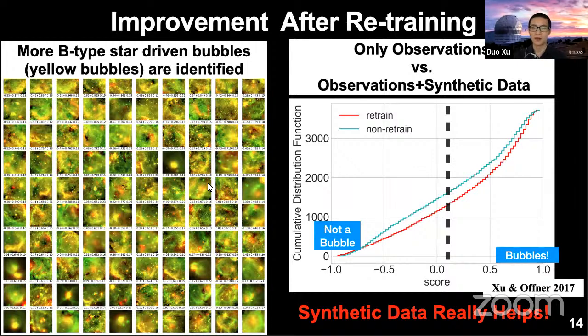In real data, people are always identifying bright red bubbles, which are driven by O-type stars. Our simulation will compensate for this bias, and by adding some synthetic data, such as yellow bubbles, we see a huge improvement in identification of the bubbles, and also we identify more yellow bubbles than before. So this project gives us confidence that synthetic data really helps in classification.